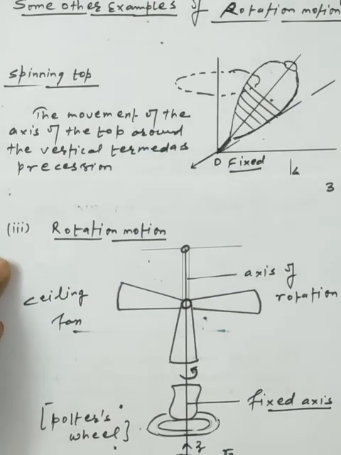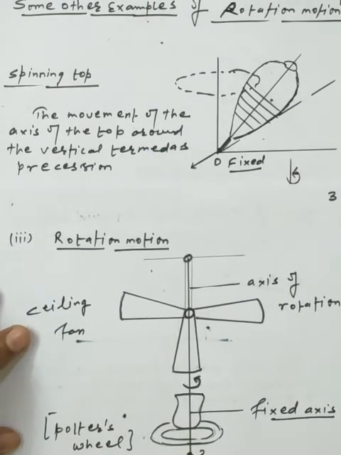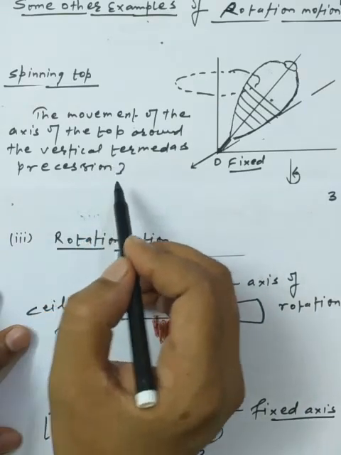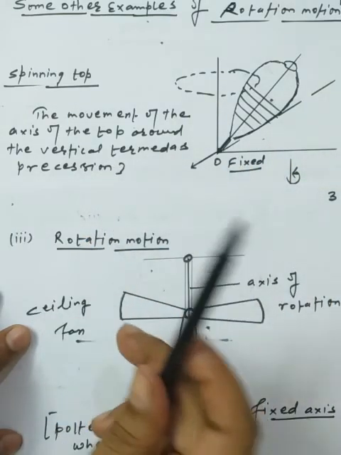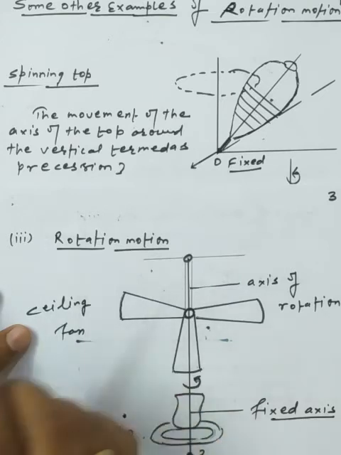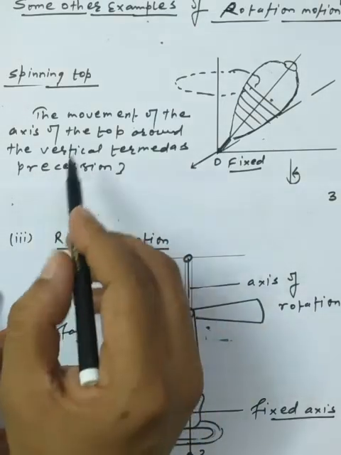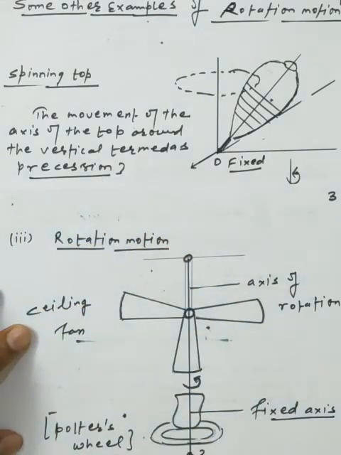Here we are assuming that the point of contact with the surface is fixed. So the movement of the axis of rotation around the vertical is termed as precession. This is an important concept we have.